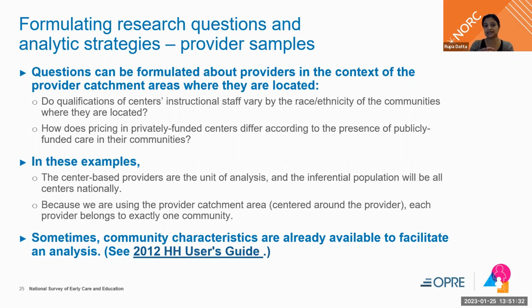And then we're treating as an attribute of those cases the racial or ethnic composition of the communities where that center is located. We can then use either the center weight or the workforce weight to estimate a parameter.